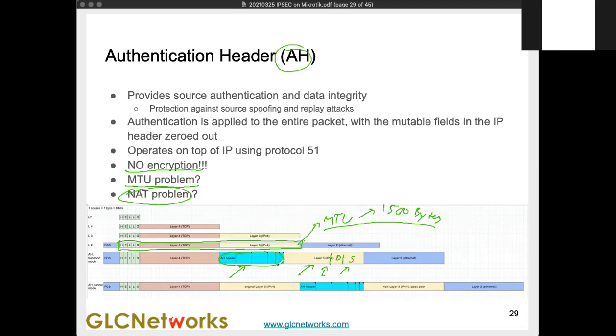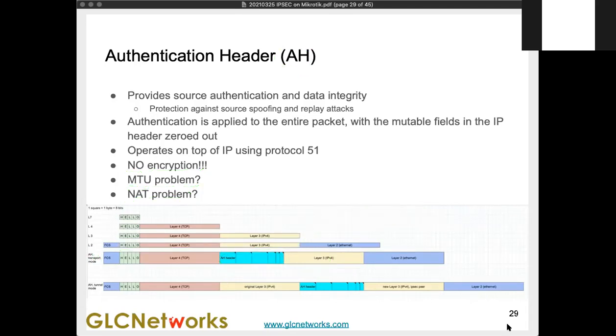If the hash is not similar, the destination will reject your IPsec packet because you changed it. So with AH you need to be careful with the NAT issue. That is what happens in transport mode.